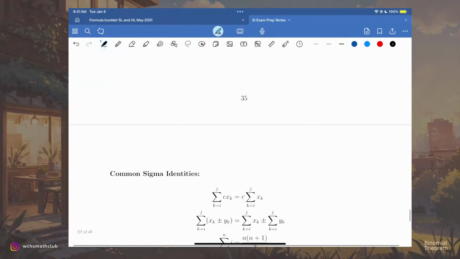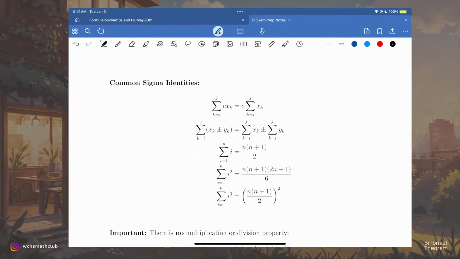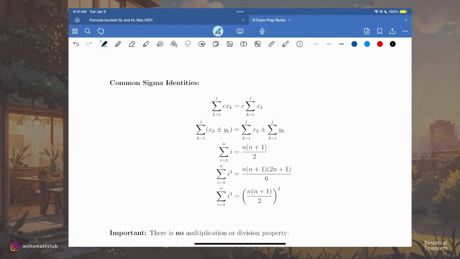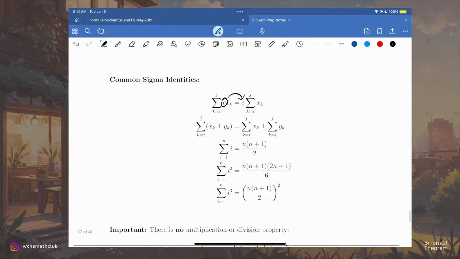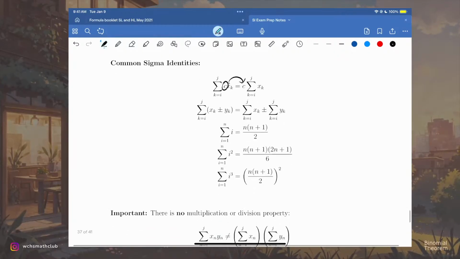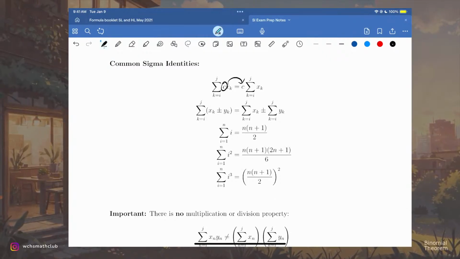Okay, moving on to sigma notation. Here are some common sigma identities. The first one is that you can take any constant out of the sigma notation. The second is that you can add or subtract any sigma notations. The third is the sum of the first n integers, which equals n times n plus 1 over 2.